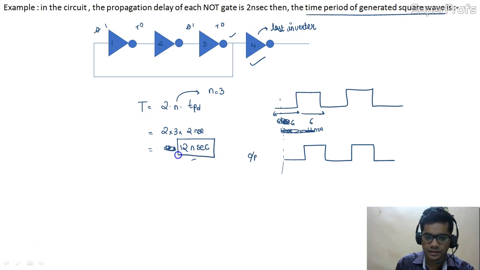Okay, quickly write this example, and then we are moving towards the next gate, which is the AND gate.